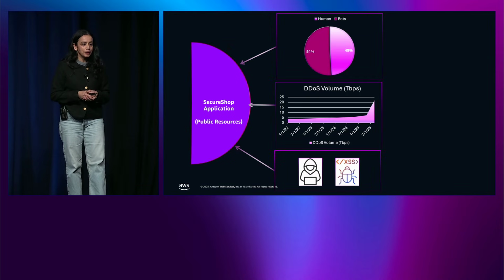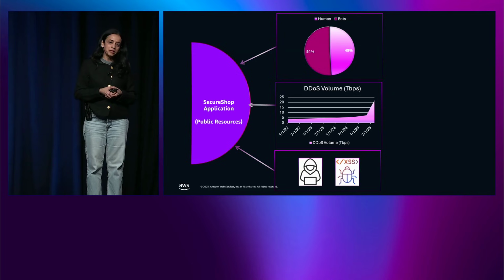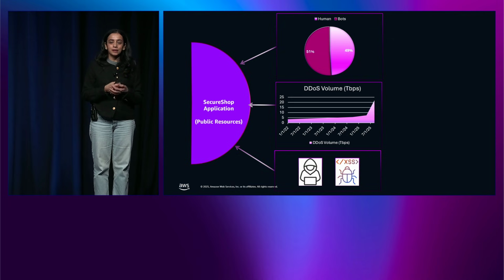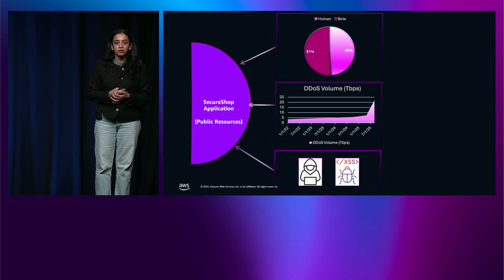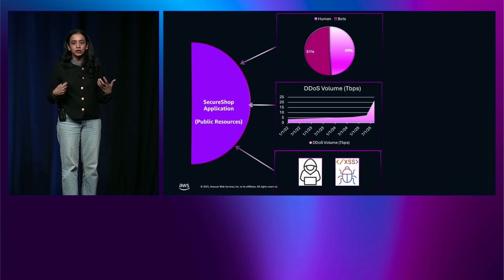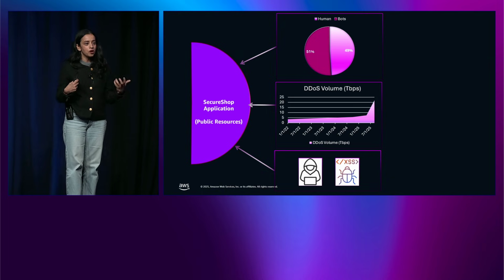So let's think about the customer that Shobhan talked about, Secure Shop. They have an application. The application has some public-facing resources, and those resources take in a bunch of traffic from the internet. Now let's look at the anatomy of this traffic that may be coming to the Secure Shop applications.